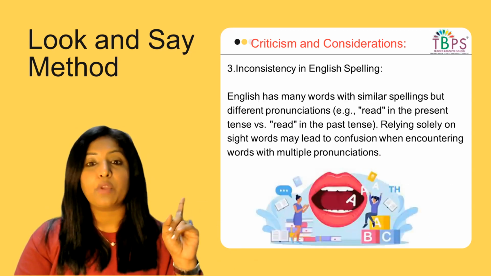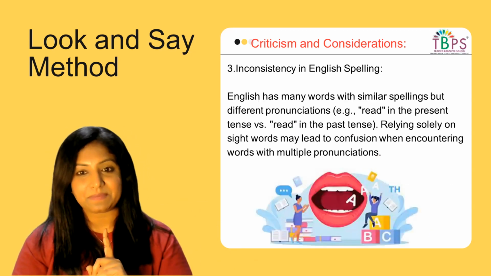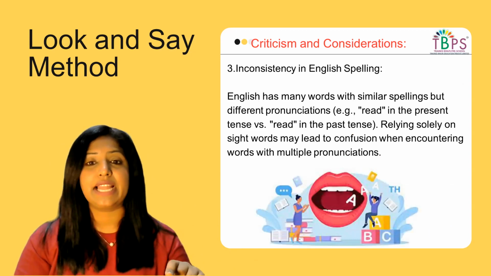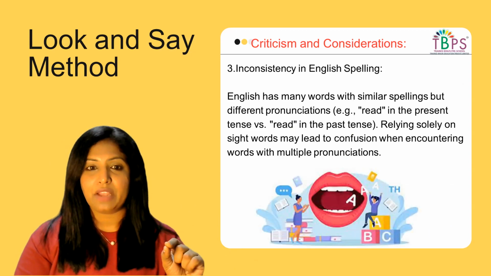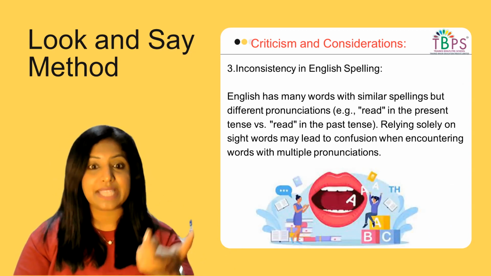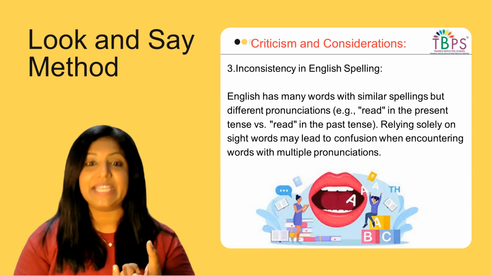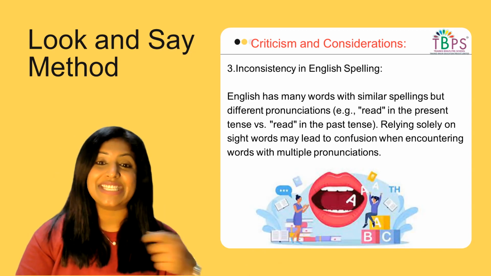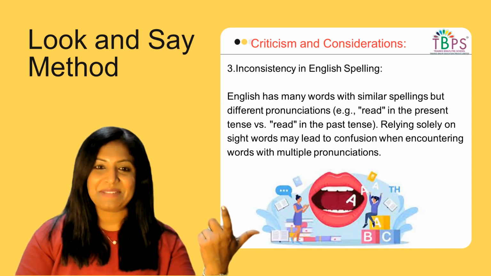So it's difficult. What about the spellings? Pronunciation is also very difficult. Now, when I have a word like READ, when I'm using my present tense, I say read. The same word has the same spelling READ, but if I'm referring to my past tense, it is read. Correct?